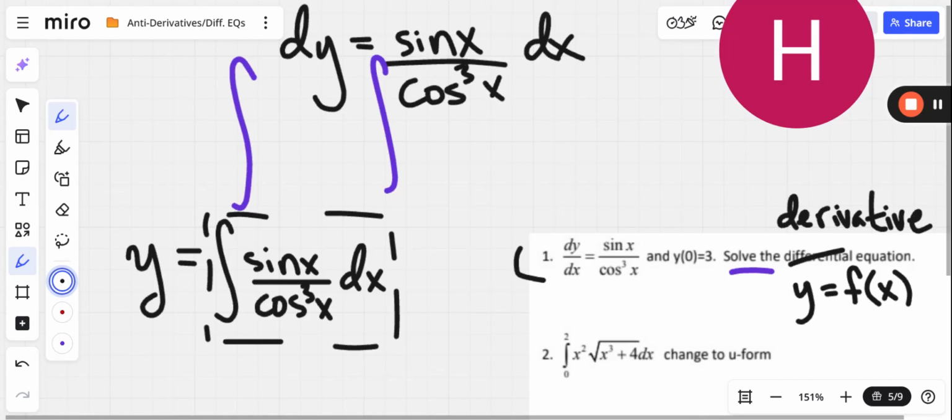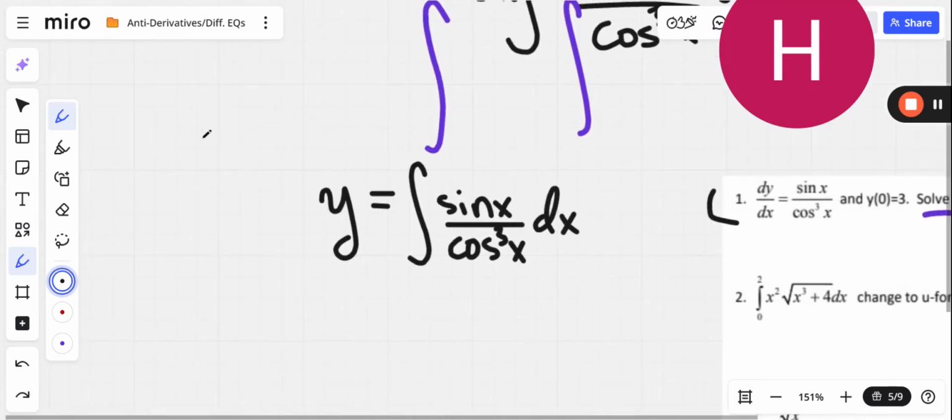It does not have limits. So what we're looking for right now is kind of like a function or an antiderivative, not a specific value. That would be a definite integral, which finds the specific amount of area underneath a curve from a starting point to a stopping point.